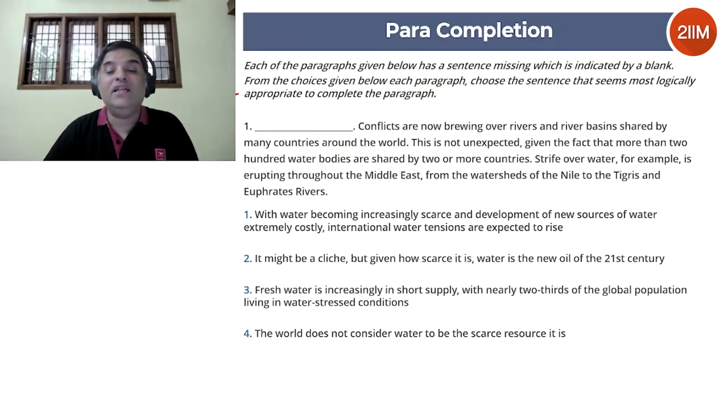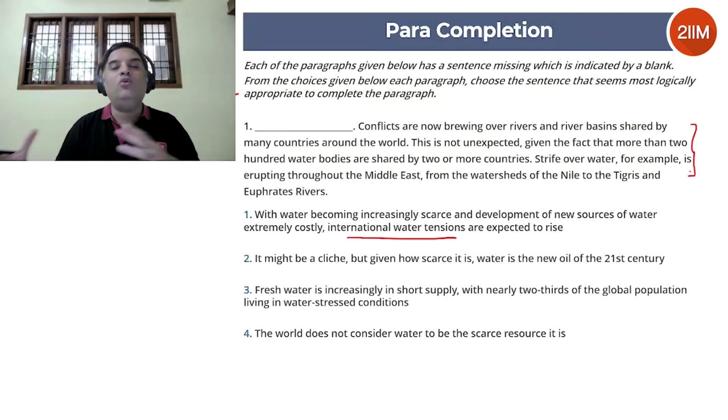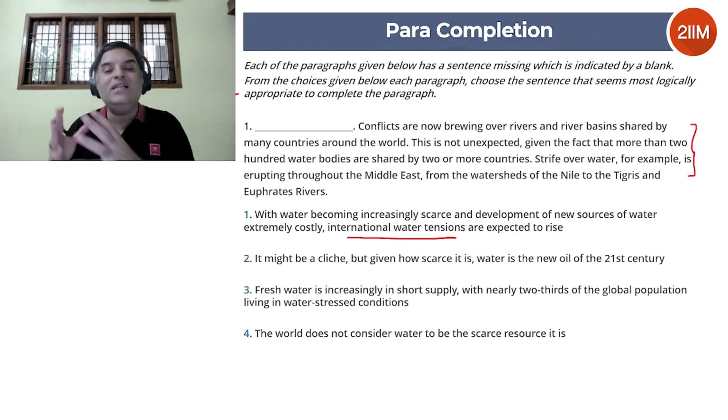"With water becoming increasingly scarce and development of new sources of water extremely costly, international water tensions are expected to rise." Interesting. It talks about international water tensions, which is the focus of the paragraph, right? We're talking about water tensions between different countries. So this sentence is closely related to the paragraph.